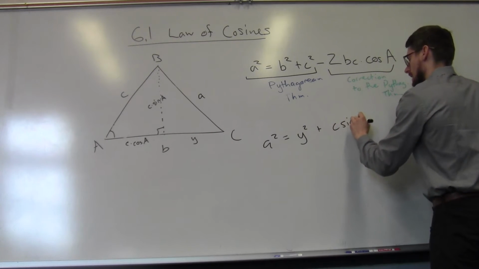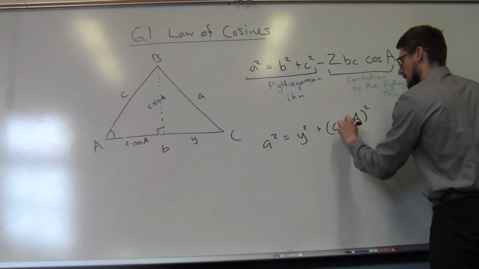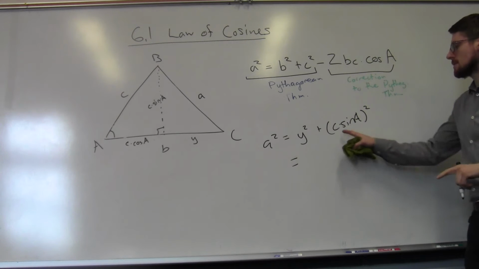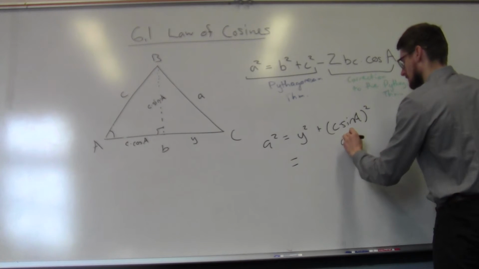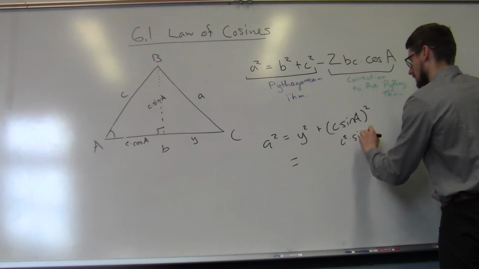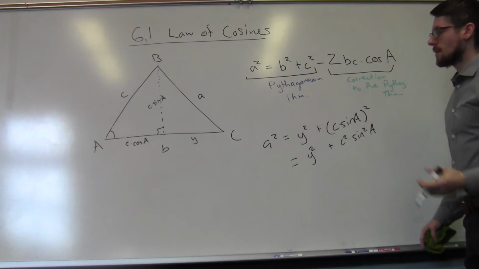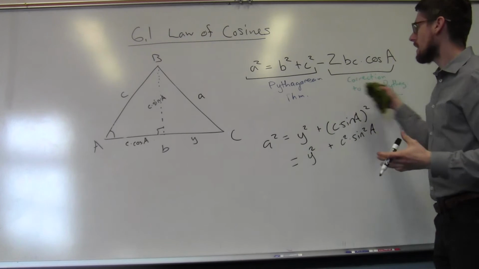C sine A quantity squared, which at this point we know is C squared sine squared A. But I want to try to get this to look like this.